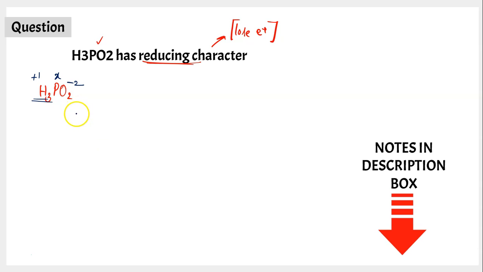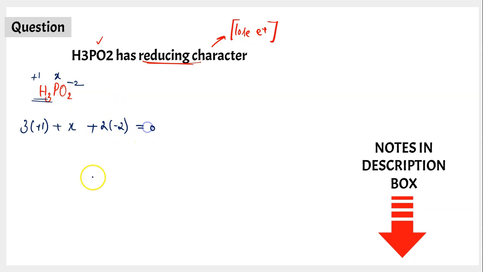And the sum of oxidation states of all the atoms must be equal to 0 in a neutral species or in a neutral molecule. So making the same logic applied here, 3 into +1, which is the total oxidation state of 3 hydrogen atoms, plus X, oxidation state of phosphorus that I am calculating, plus 2 into -2, oxidation state of 2 oxygen atoms present here is equal to 0.